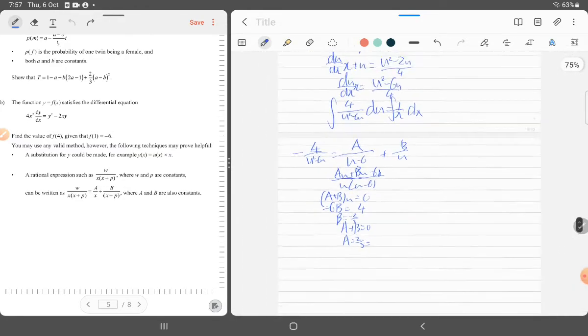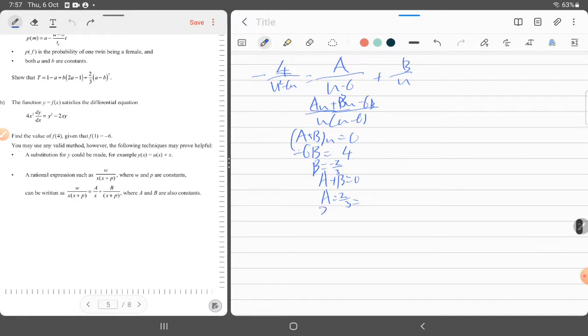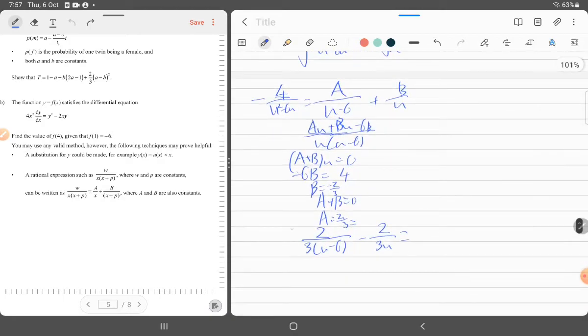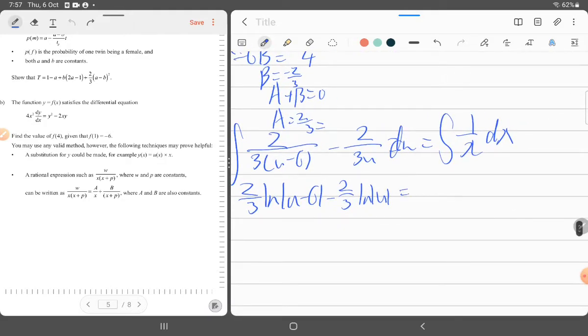So we can put it back into this here. 2 over 3 brackets u take away 6, take away 2 over 3u is equal to, we can integrate this, is equal to the integral of 1 over x dx. 2 over 3 natural log of the absolute value of u take away 6 minus 2 over 3 natural log of the absolute value of u is equal to natural log of x plus c.